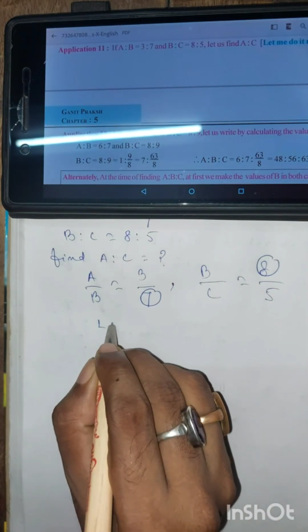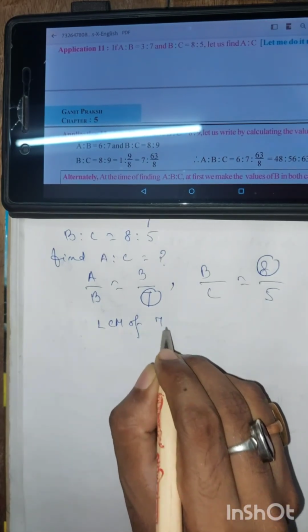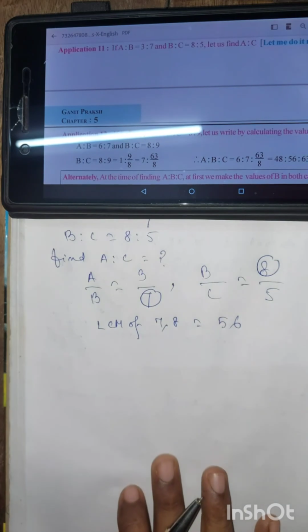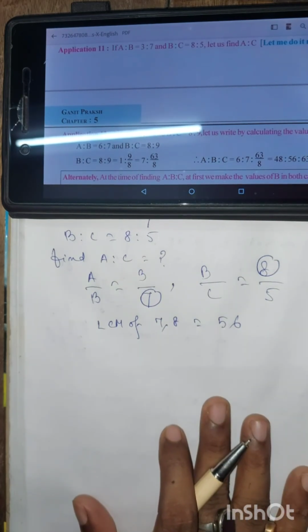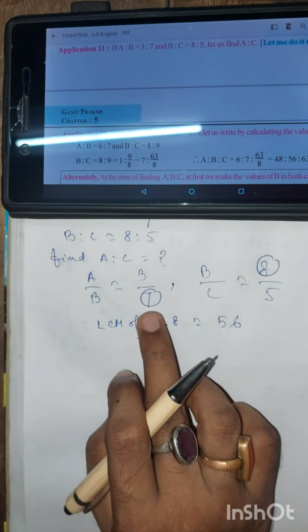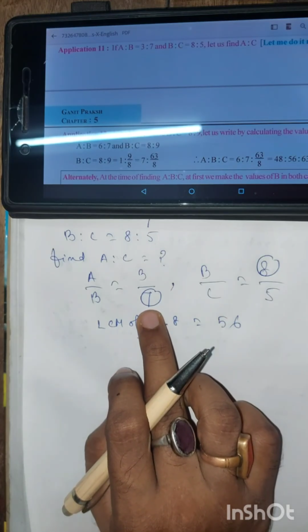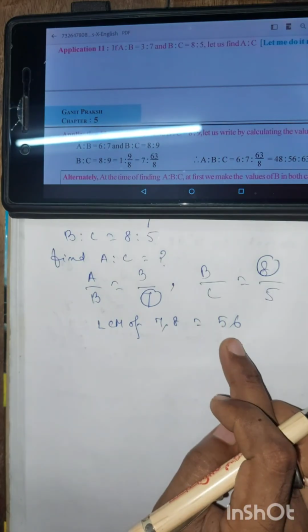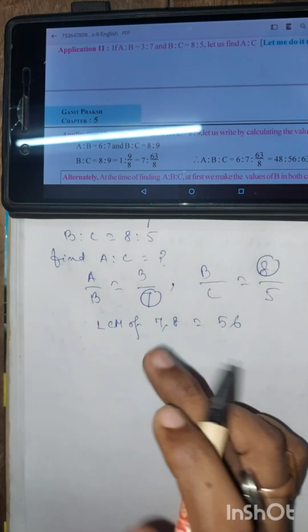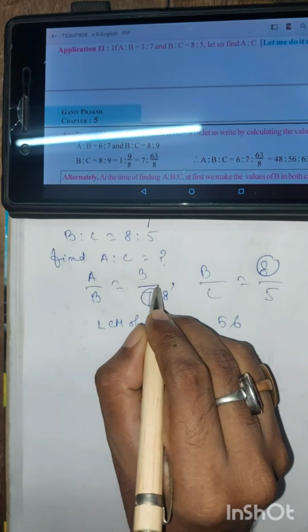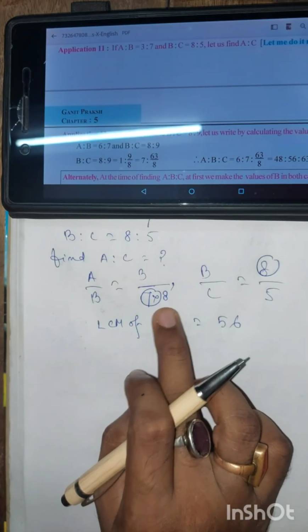Okay, now we are going to change it into this by multiplying it forcefully by 8. So it becomes 56.